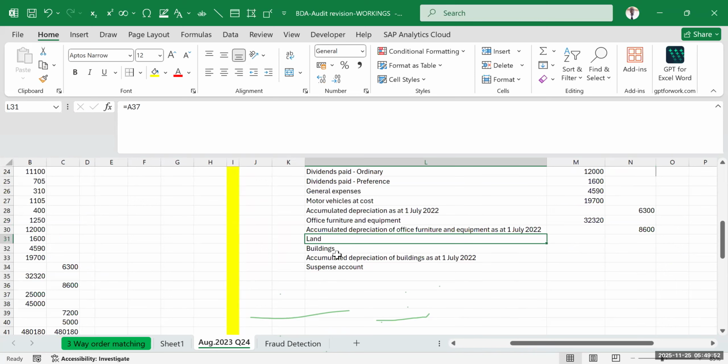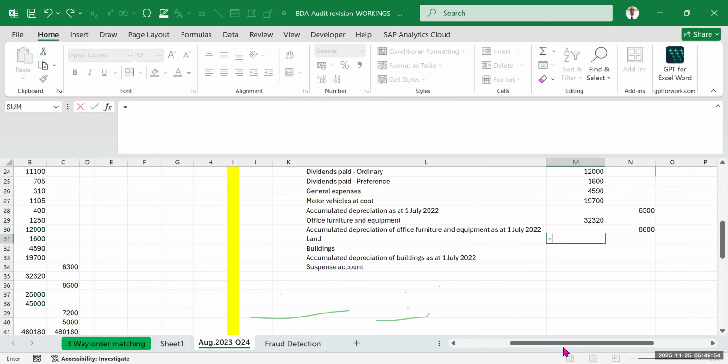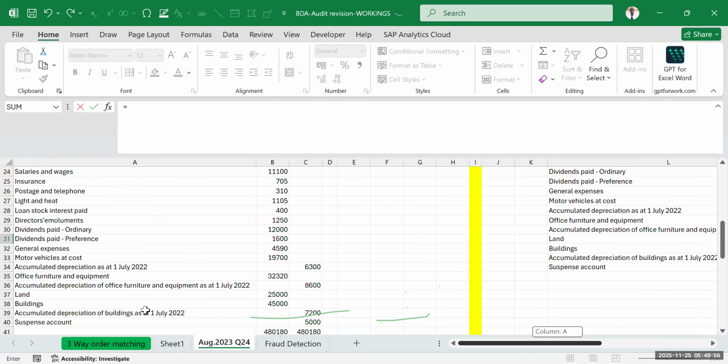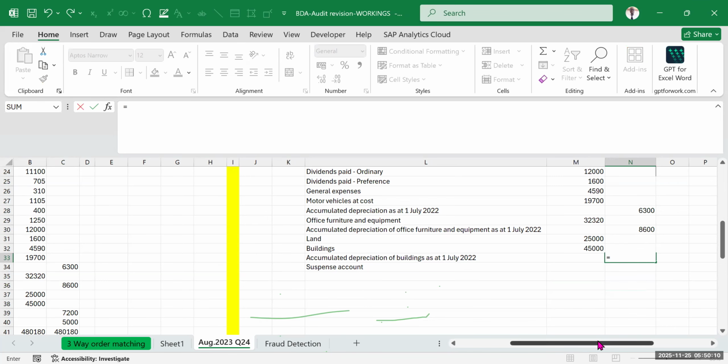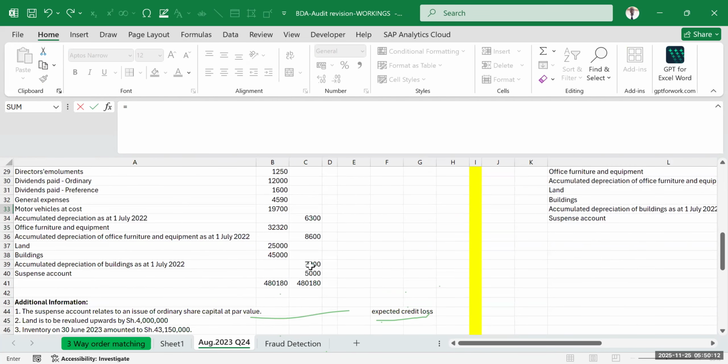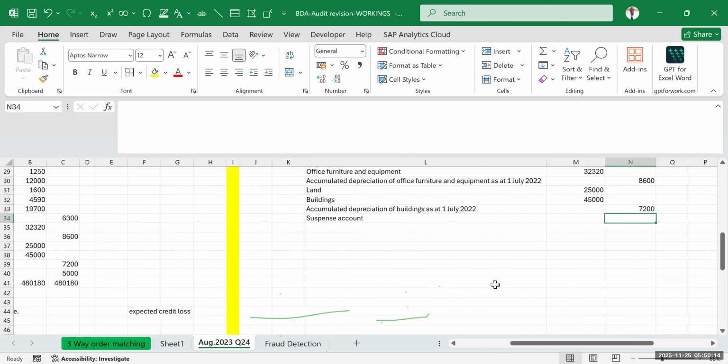Then land and buildings, these are asset accounts and the balances normally will always be debited in our draft trial balance. So the draft trial balance is normally just the same balances you have. You just make sure they are correctly posted as debit and credit. Accumulated depreciation, nothing different. The treatment remains the same. It is on the credit side.